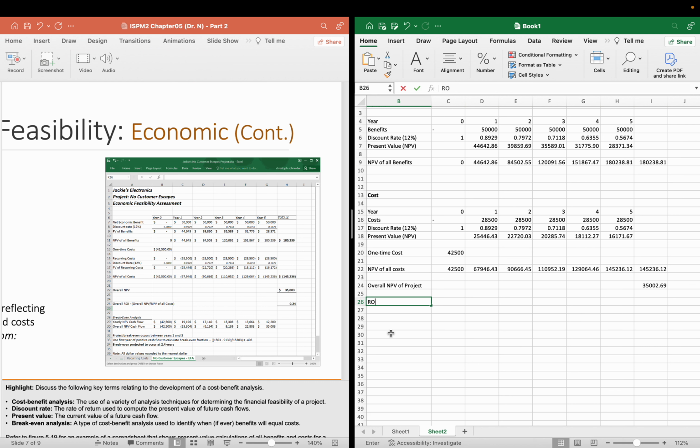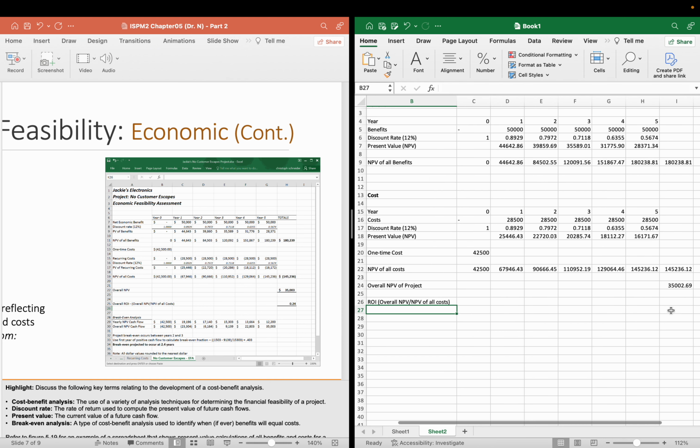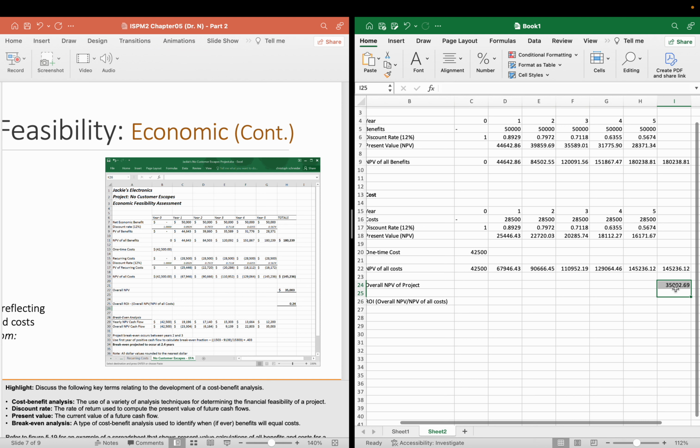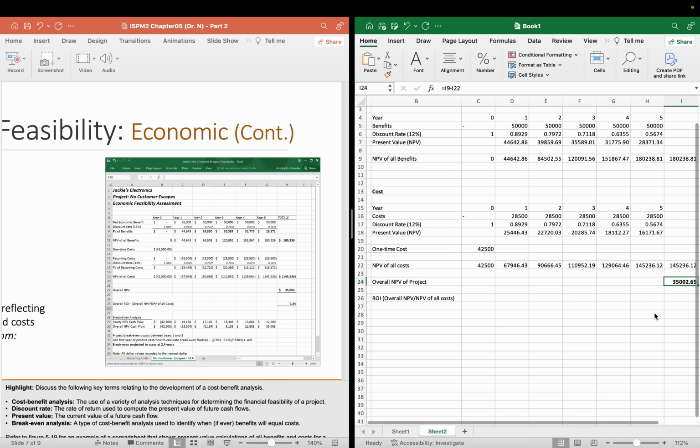We can easily calculate the ROI, or return on investment, of the project. In order to calculate the return on investment, we need to divide the overall net present value of the project by the net present value of all costs that we paid. So the overall net present value so far would be this much, $35,000.